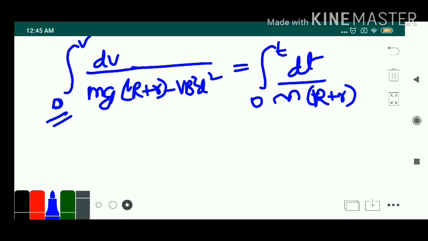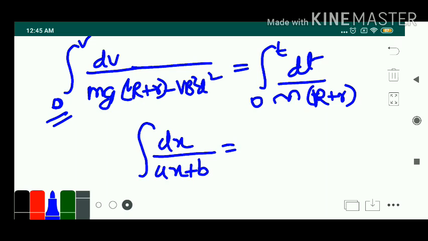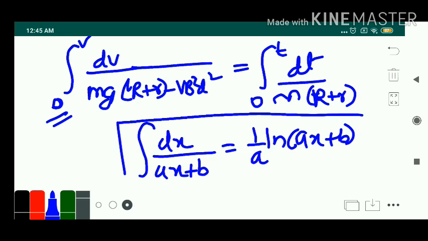This section is very easy, just rearrangement. Now comes the integration part, guys. There is a formula which you have to learn. Integral of dx divided by ax plus b is equal to 1 by a natural logarithm of ax plus b.